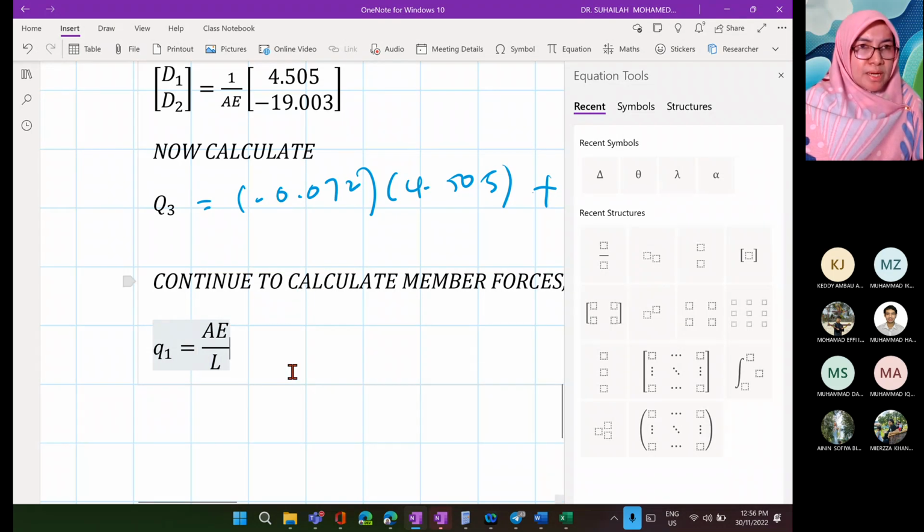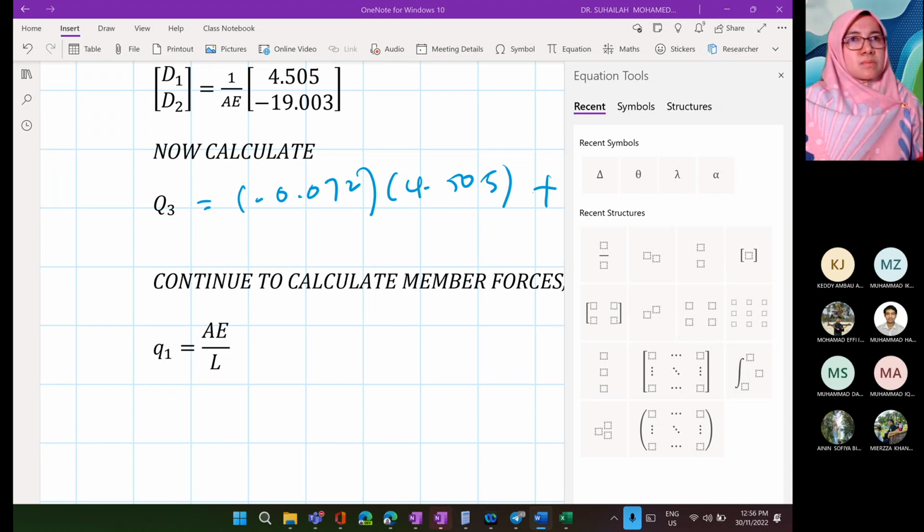Okay, refer to the formula. It is 1 times 4. Okay, trust ni soalan wajib dalam exam ya. Trust confirm masuk exam.